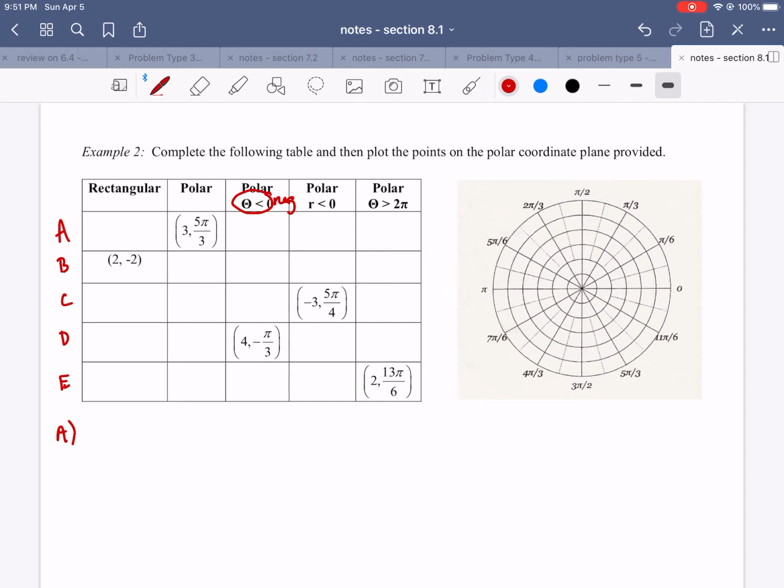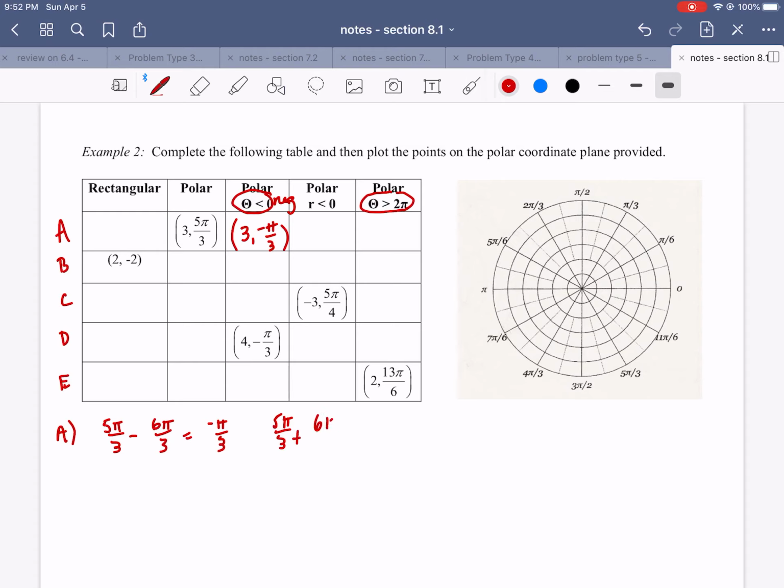So if I've got 5 pi over 3, then I'm going to subtract 2 pi, which is, of course, 6 pi over 3, and that's going to give me negative pi over 3. And so this point in polar coordinates with a theta that's negative is going to have the same radius and an angle of negative pi over 3. Just as easily for this column right here, polar but with a theta greater than 2 pi, in that particular case, I'm going to add 2 pi.